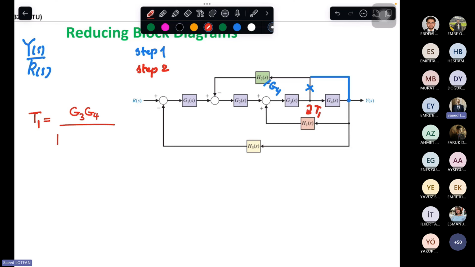Here is plus, so it should be minus G3, G4, H1. So what I did is I deleted these guys and I put something here as T1.